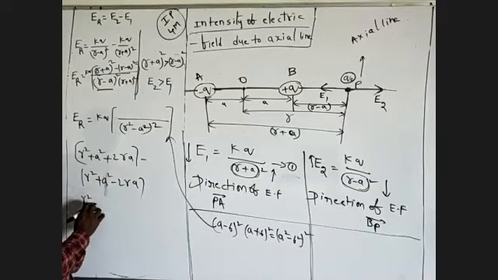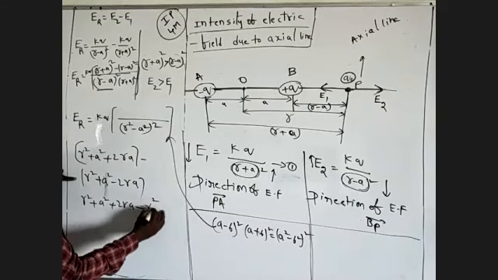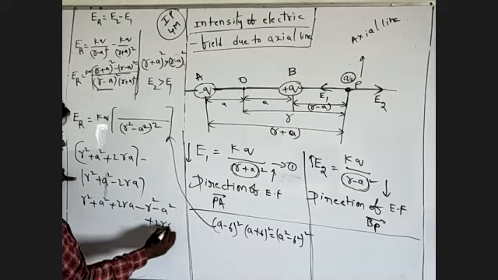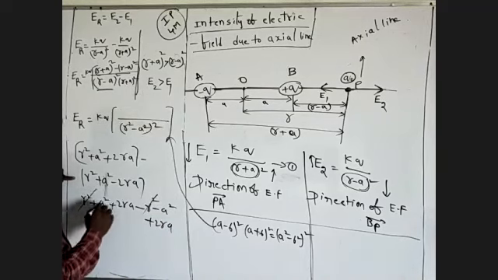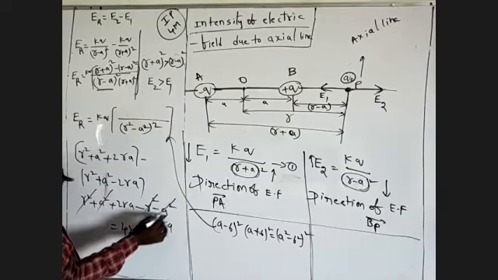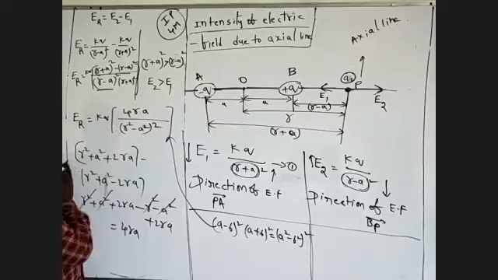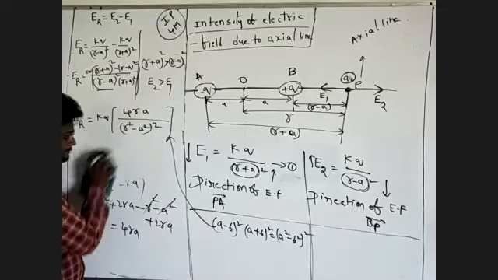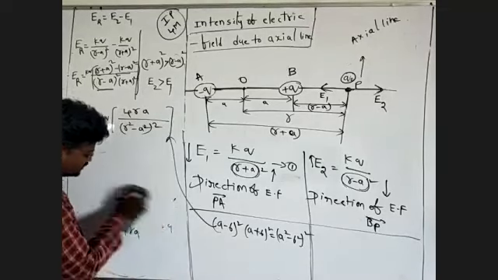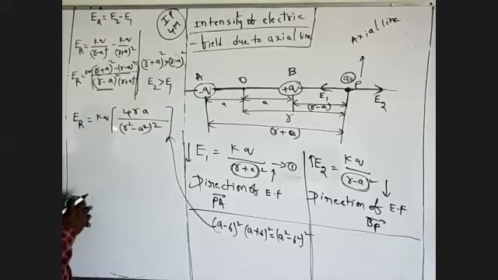R square plus A square plus 2RA minus R square minus A square plus 2RA, finally the entire result is 4RA. That is the expansion of A plus B whole square minus A minus B whole square. The final result is 4RA.